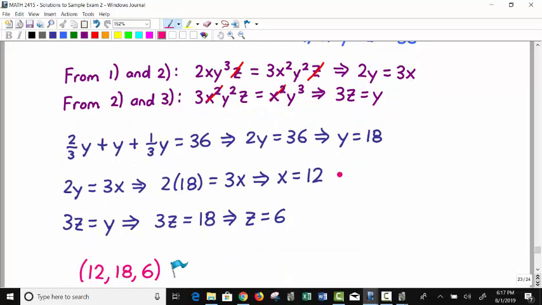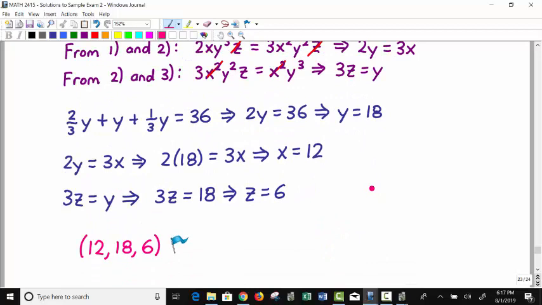Either way, same thing, same answer. 2 times 18 equals 3 times x. You'll get 12 for x. Same thing here. I could have said z equals 1/3 of y, so it's going to be 6. But that's okay. 3z equals 18, z equals 6.